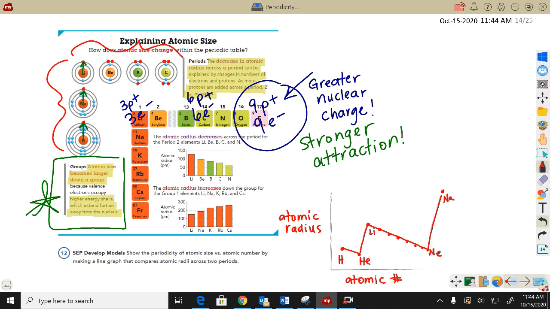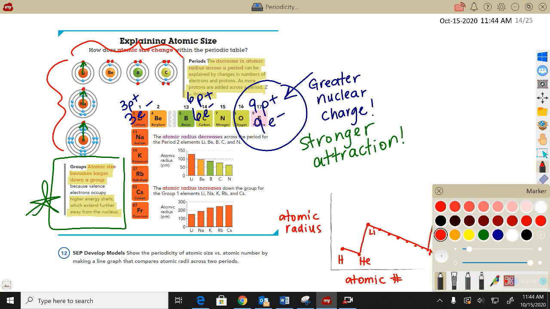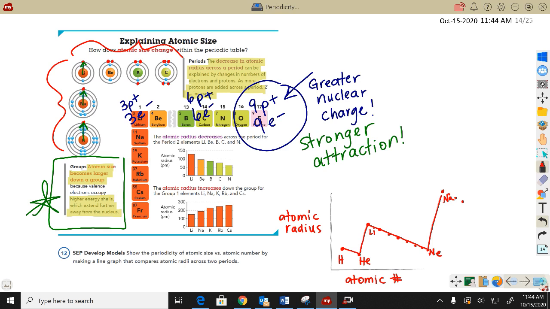But now as I go across from sodium, magnesium, aluminum, the atoms should all decrease in radius again. So sodium, and then maybe this is magnesium, aluminum, silicon, and then phosphorus and sulfur and chlorine and argon. They should all get smaller going across.